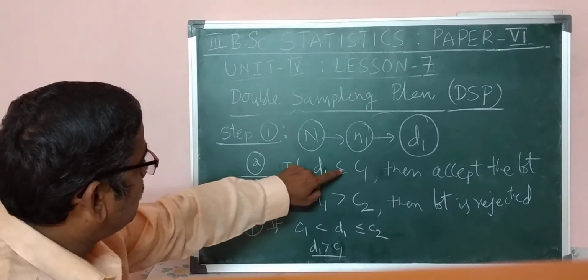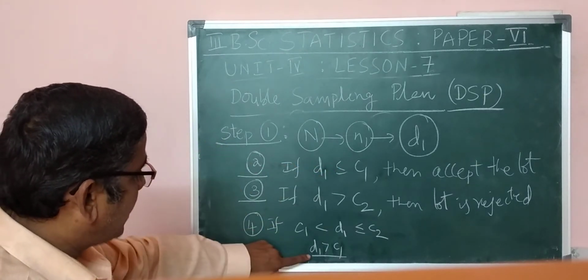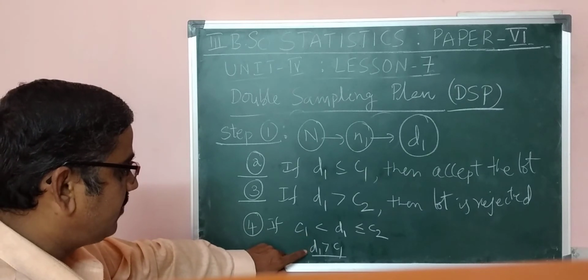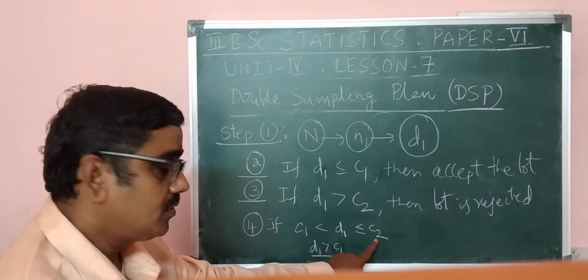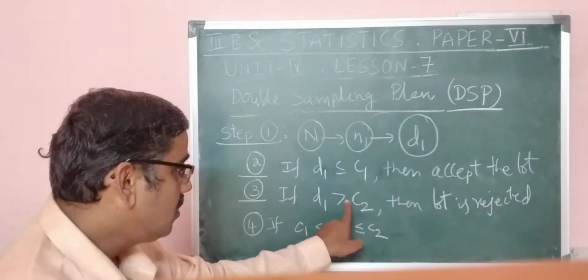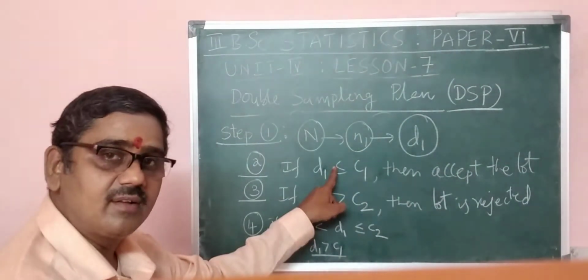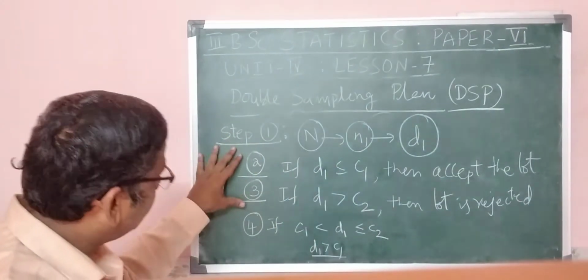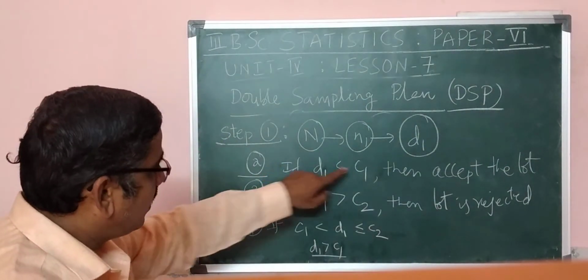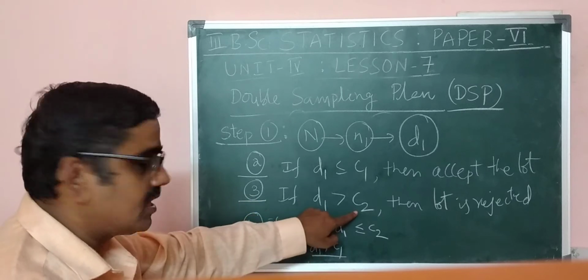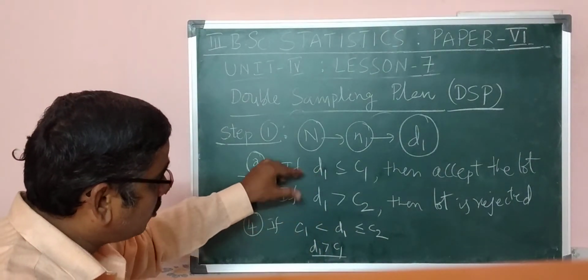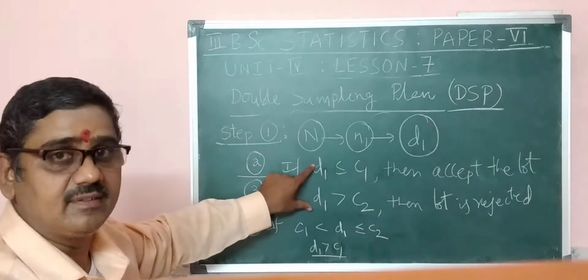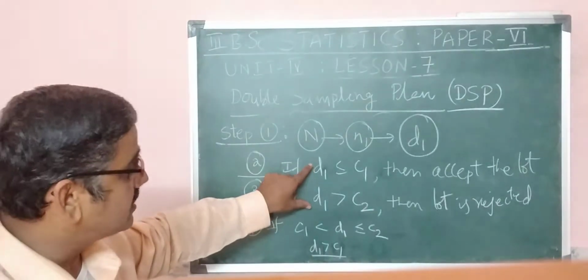If D1 is less than or equal to C1, that is the earlier case. If D1 is greater than C1 and D1 is less than or equal to C2, not greater than C2 and not less than or equal to C1. You see, these are the two particular cases, D1 less than or equal to C1 and D1 greater than C2. But this is the case which combines the complementary events of these two.